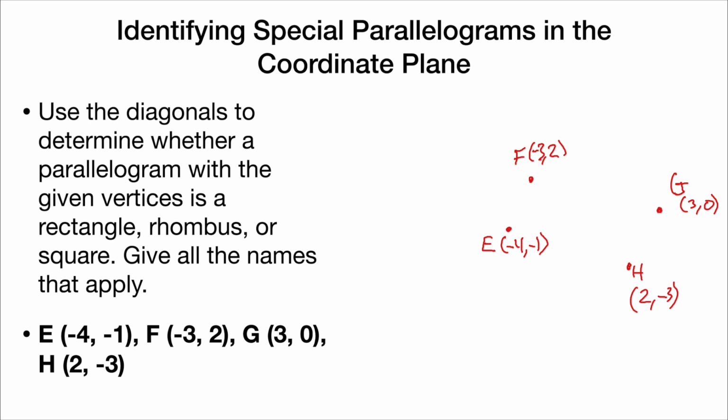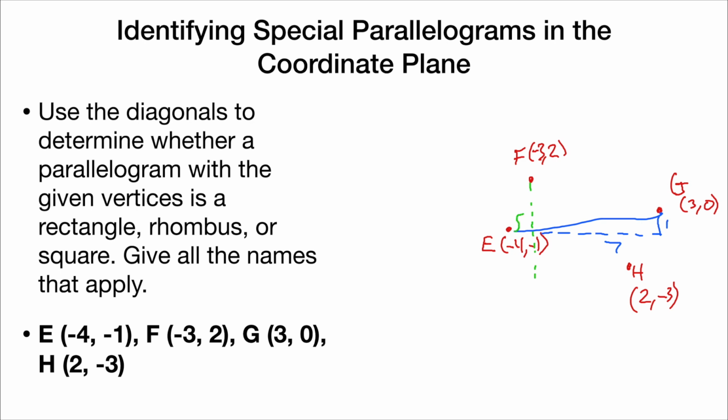So in this case, we are going to use our slopes. Negative 4 to positive 3 is going to be 7 and up 1. And then we are going to go negative 3 to positive 2.